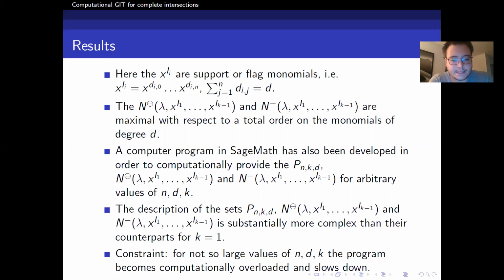So although it's a useful method and it gives some computational results, it has a heavy constraint, because even for not so large values of n, d, and k, the program slows down significantly, and it's hard to obtain computational values for large values of n, d, and k because of the amount of time the program needs to take.